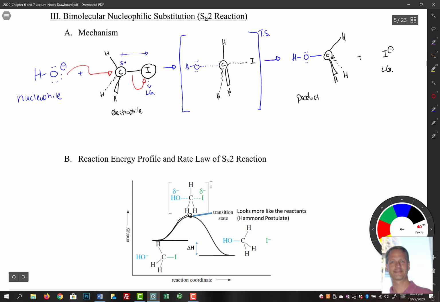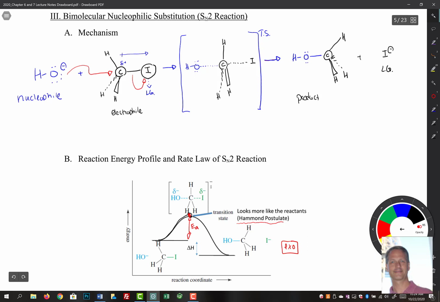And remember that this peak right here, this hill, that's your activation energy. This reaction right now is an exothermic reaction. And our transition state for an exothermic reaction looks more like the reactants than it does our products here. And recall that's a consequence of something called the Hammond postulate.